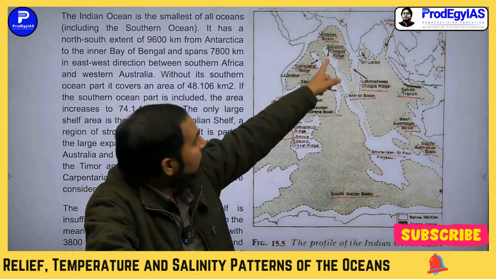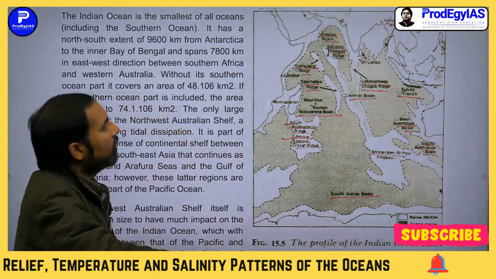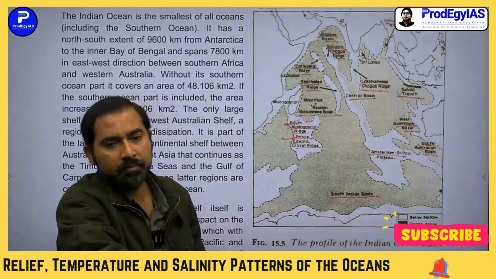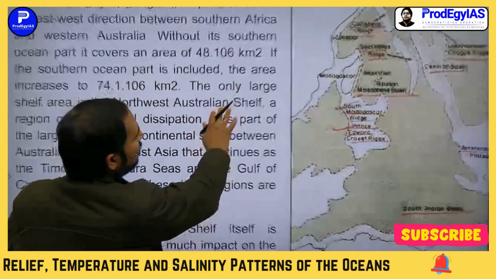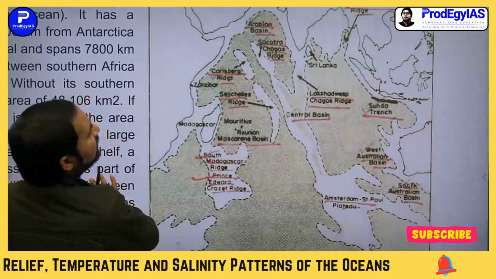One branch is the Socotra-Chagos Ridge, and another branch is the Lakshadweep-Chagos Ridge. I think now it is more visible.